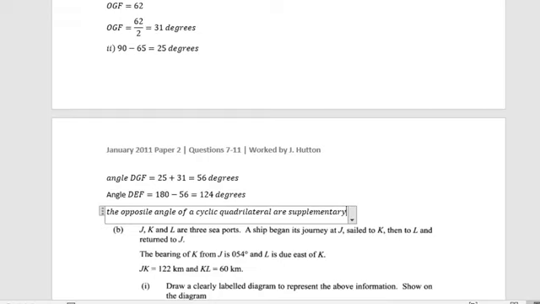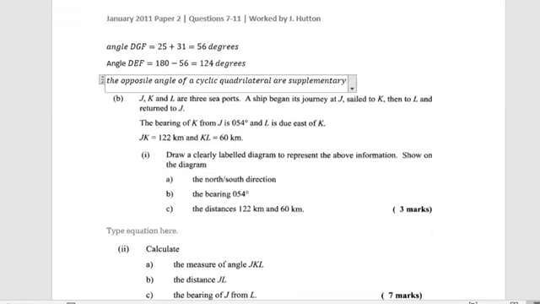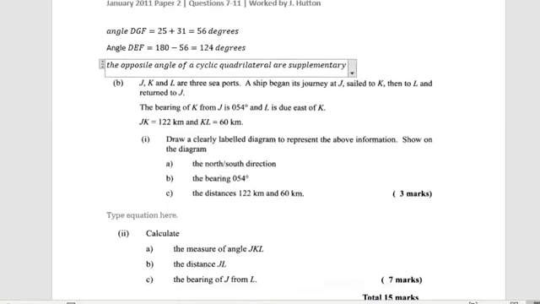So part B now says J, K, and L are three seaports. A ship began its journey at J, sailed to K, then to L, and returned to J. The bearing of K from J is 54 degrees and L is due east of K. And it says JK is 122 kilometers and KL is 60 kilometers.